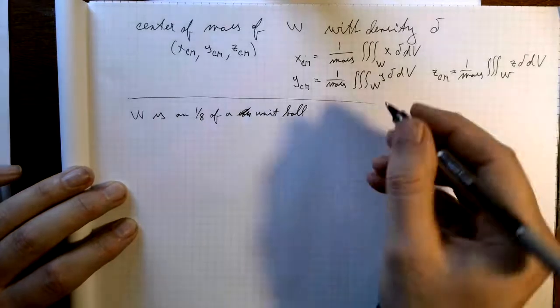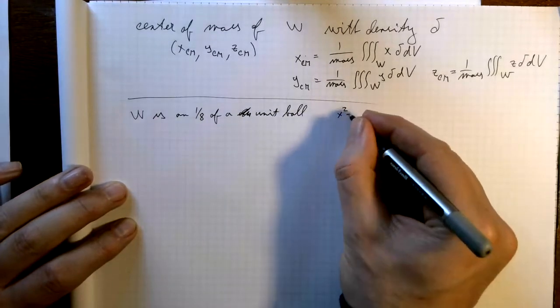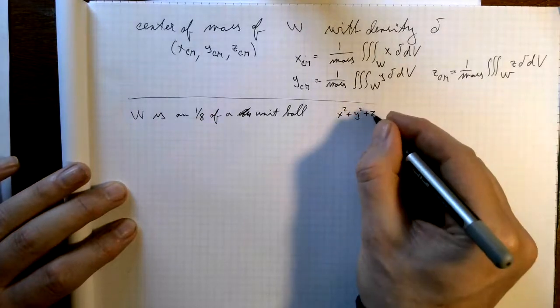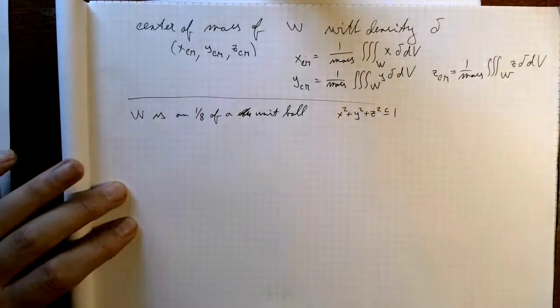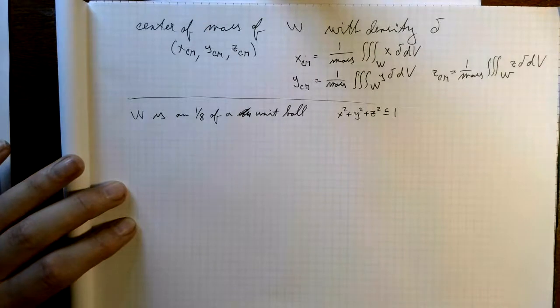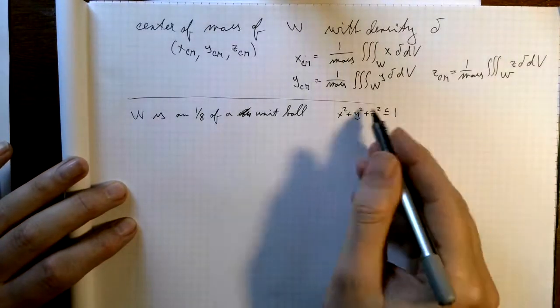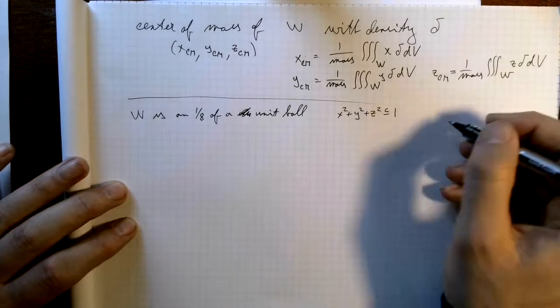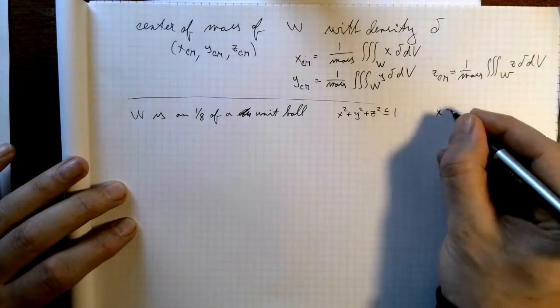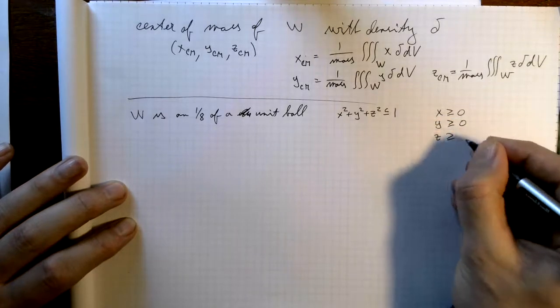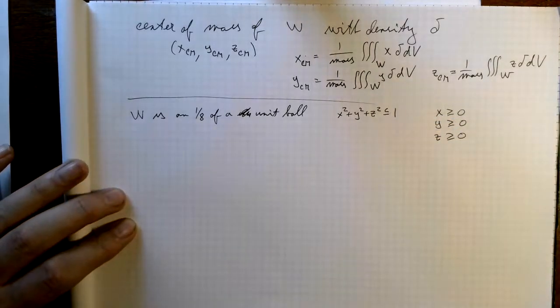By unit ball I mean the ball of radius 1, so all the points that are less than or equal to 1 in distance from the origin, and such that we're in the positive octant.